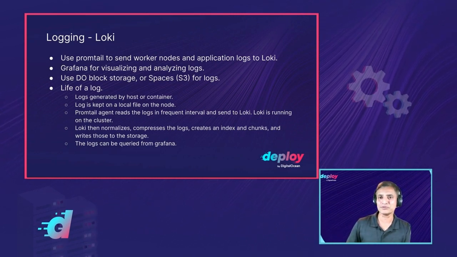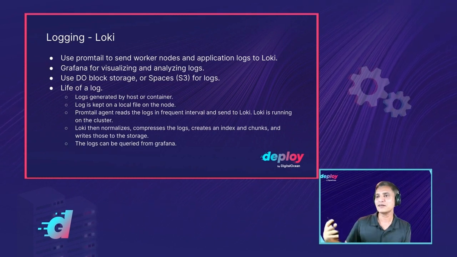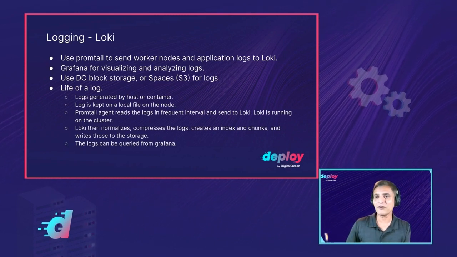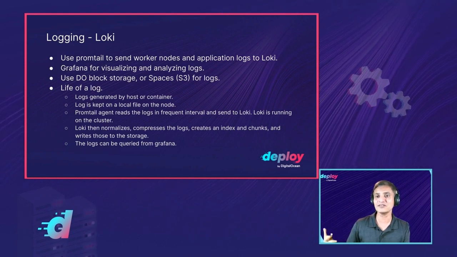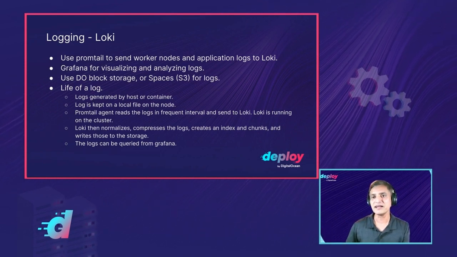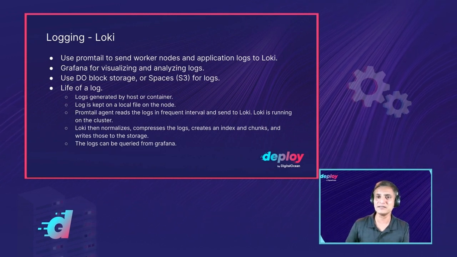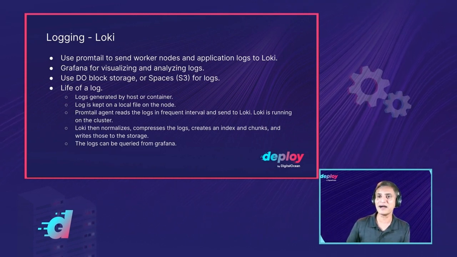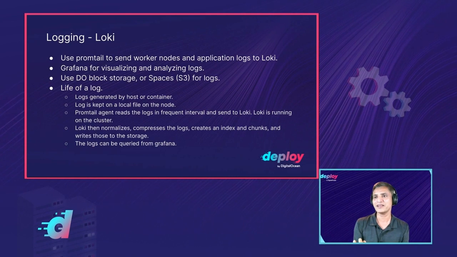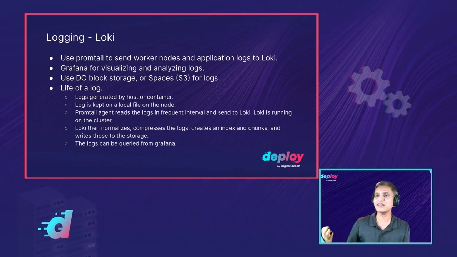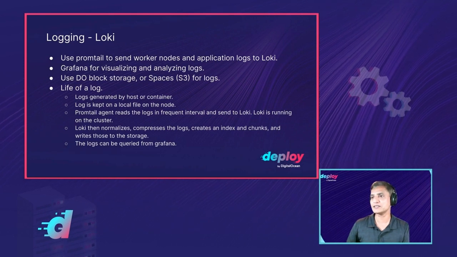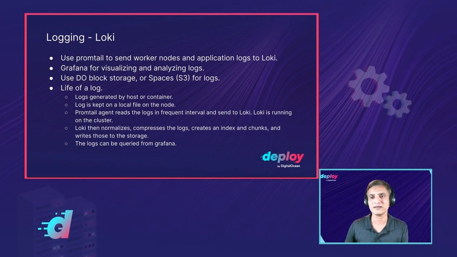Loki took a totally different approach. Their mindset was that I, as a developer, am often interested in searching logs based on metadata and not the log text. And so they only index the metadata. They store the metadata in a high-speed storage. And then for the rest of the logs, they basically compress it and store it in Spaces or any object store.